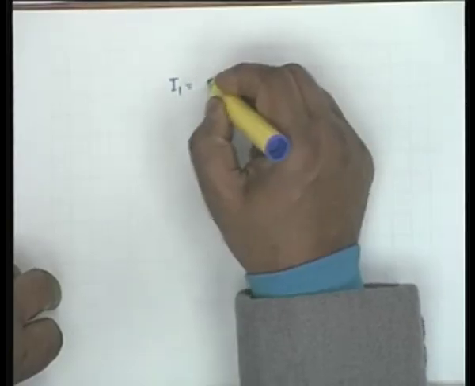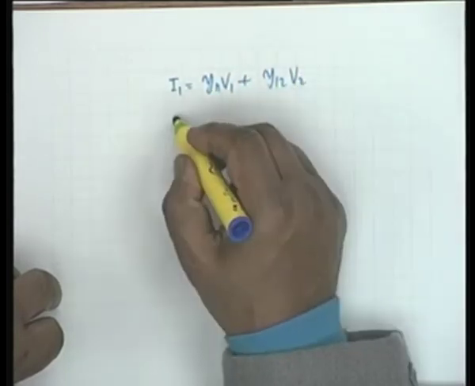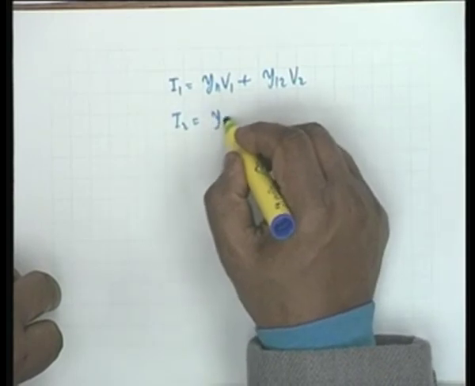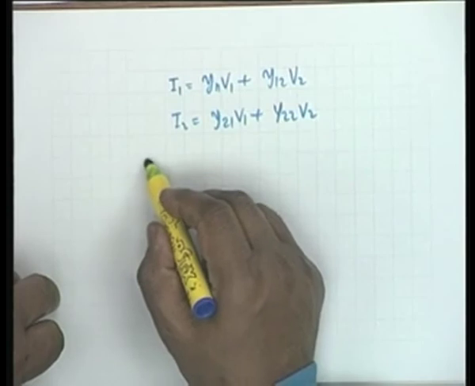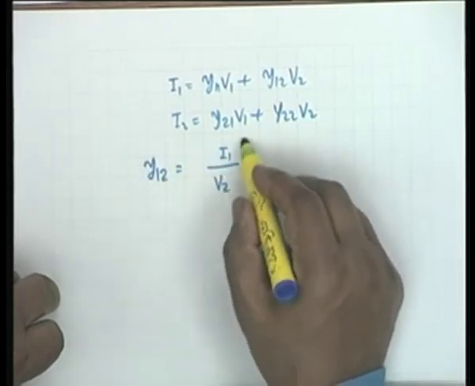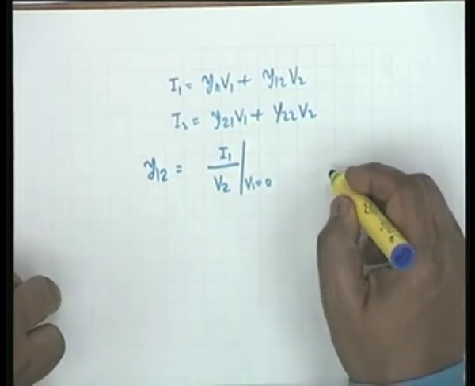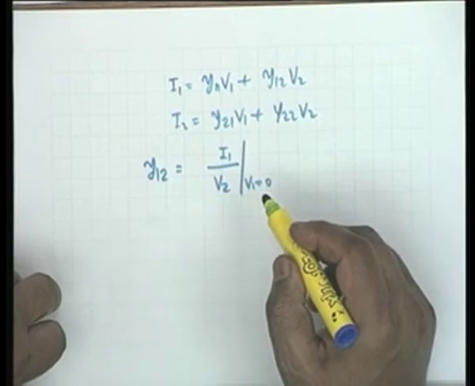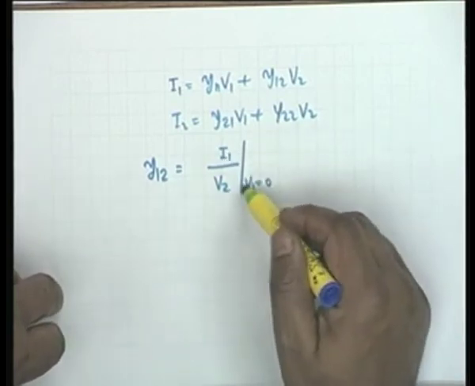Then the other two parameters: I1 equals y11 V1 plus y12 V2, I2 equals y21 V1 plus y22 V2. Let us say y12 is equal to I1 divided by V2 with V1 equal to 0, which means that you measure the short circuit current at port 1.